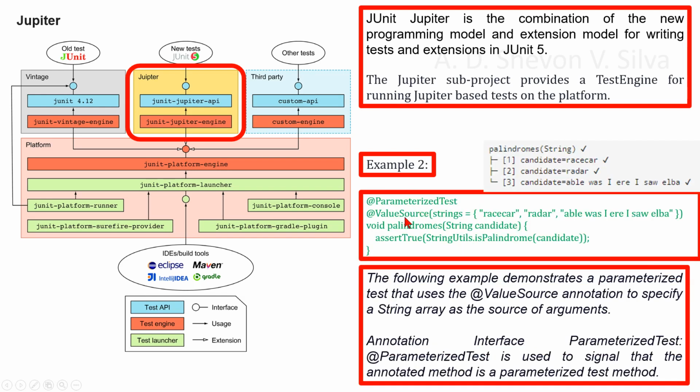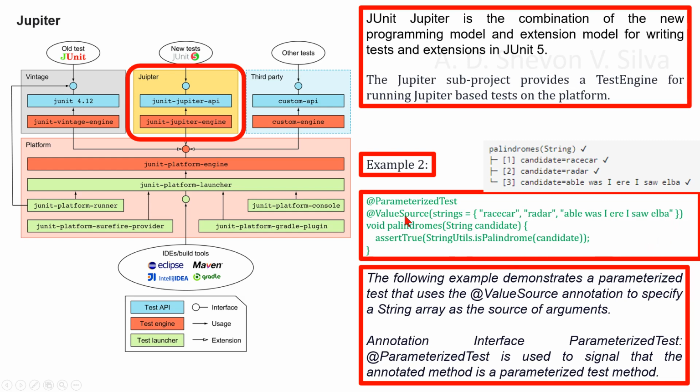As example 2, we can consider this code segment. The following example demonstrates a parameterized test that uses the @ValueSource annotation to specify a string array as the source of arguments.